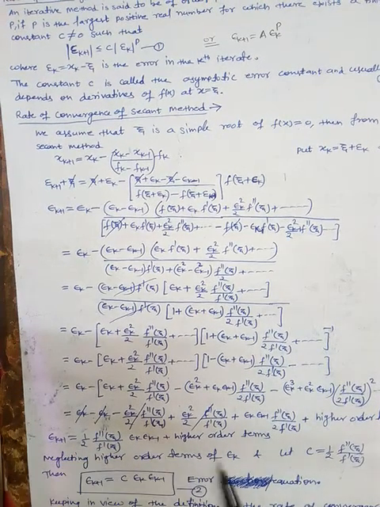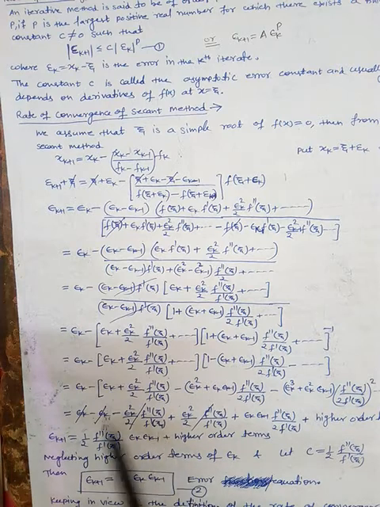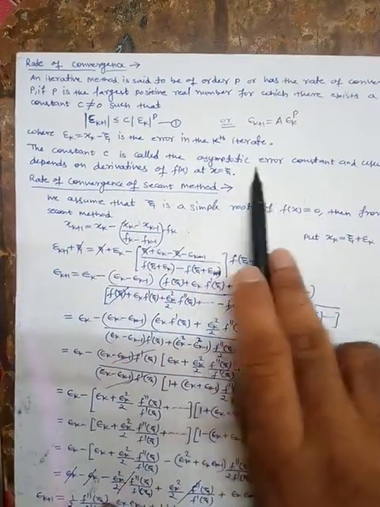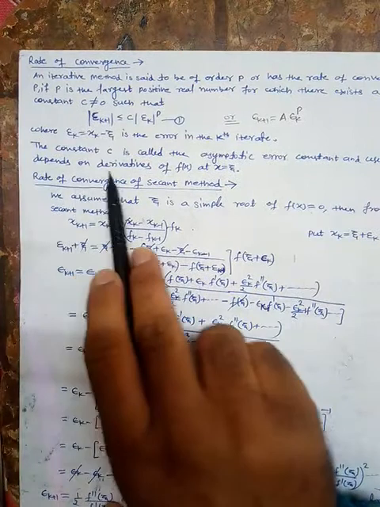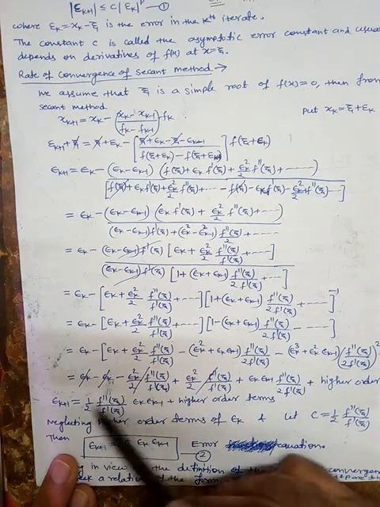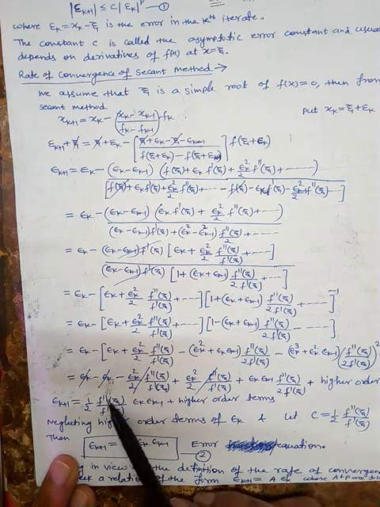If you neglect higher order terms, consider only this term and represent this quantity by C, because we have already said what C is. C is called the asymptotic error constant and usually depends on the derivatives of the function, the second order derivative and first order derivative at point xi.